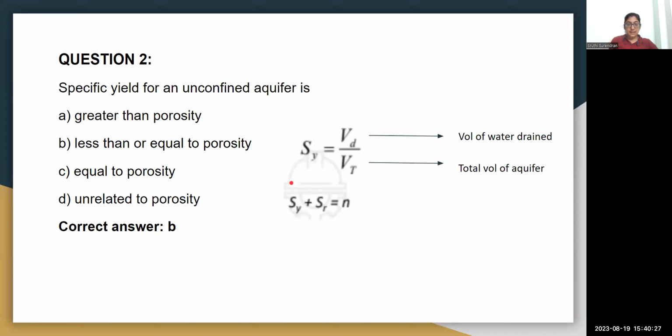Like I said, specific yield and specific retention are related in this way: the sum of the specific yield and specific retention is equal to porosity. If specific retention is equal to 0, then specific yield is going to be the porosity. If specific retention is not equal to 0, specific yield will be less than the porosity. So the answer for this will be option B, less than or equal to porosity.